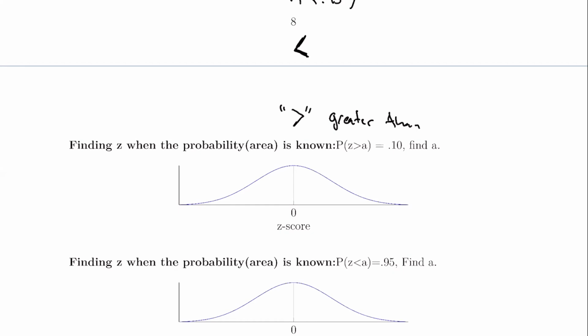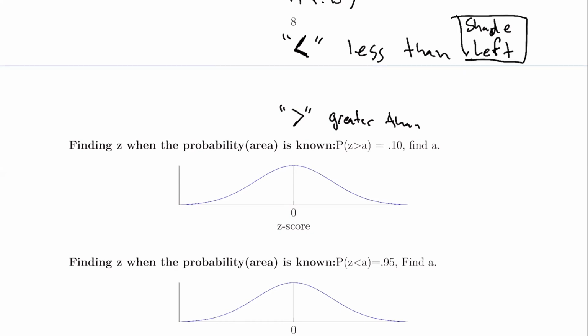Whenever it says less than, you shade the left side. If it says greater than, you shade the right side. So you do want to be careful, because those inequalities will completely change your problem.